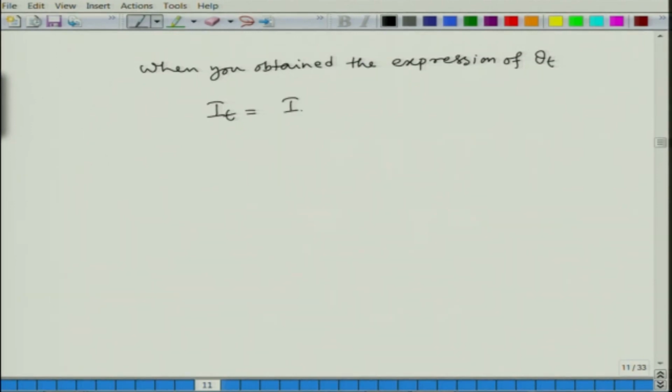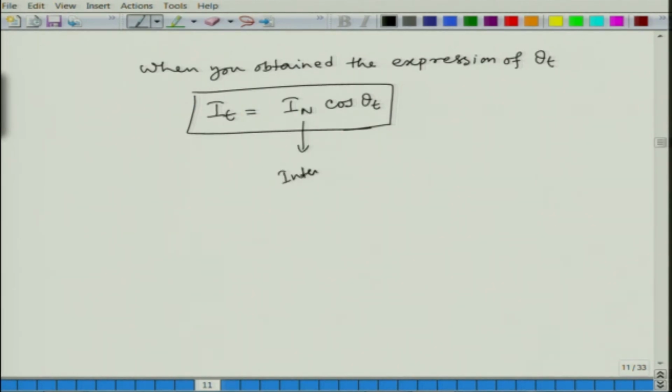So, it is just the normal intensity multiplied by cos of theta t. Okay. So, that is such a useful relationship, right.